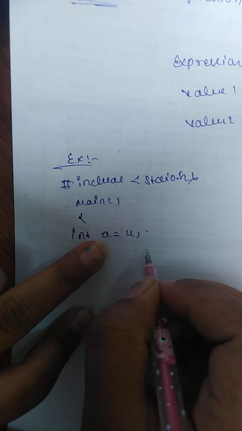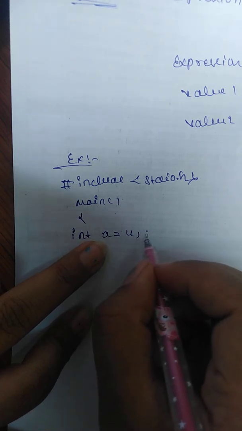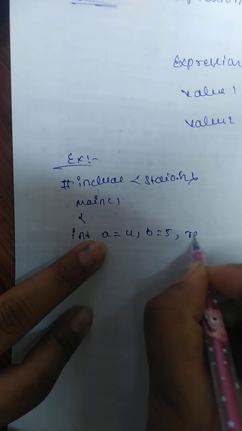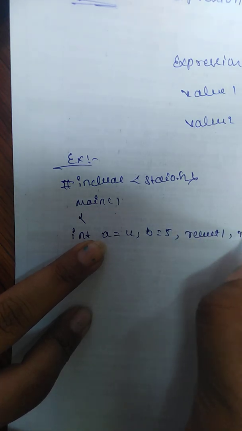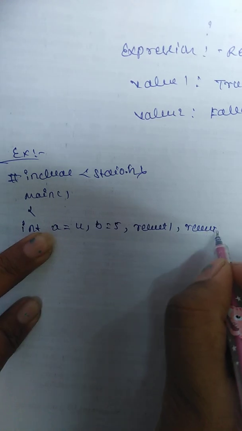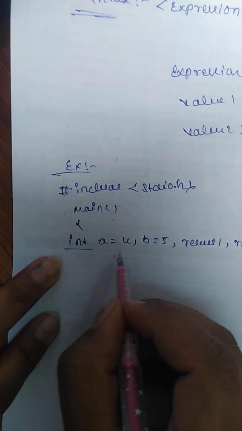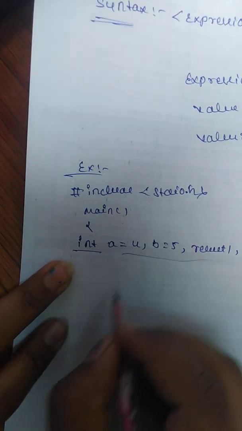Here I will directly declare b is equal to 5, result 1, result 2. This is the data type, and these are all the variables.